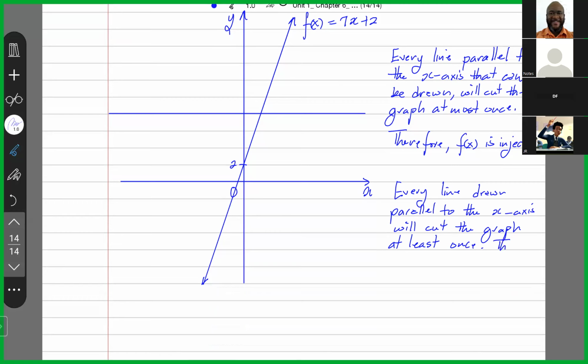Therefore, f of x is surjective. Therefore, f of x is bijective.